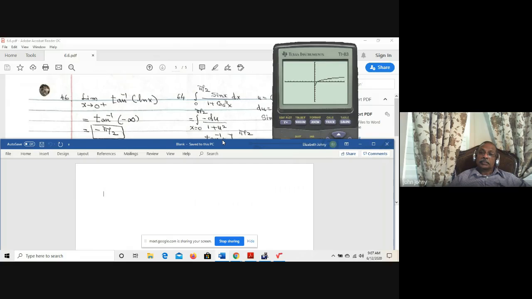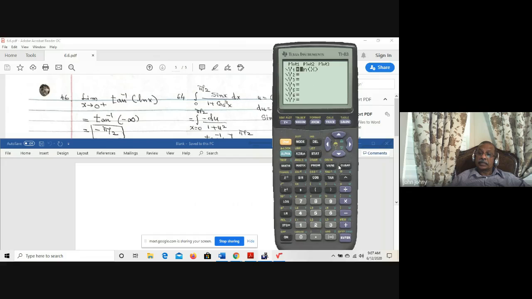Tan inverse of negative infinity is negative pi over 2. If you are not sure about that, you can look at the graph of tan inverse x. I want to change the limit for the window a little bit. Here for y, I'm going to take pi over 2 as the scale.